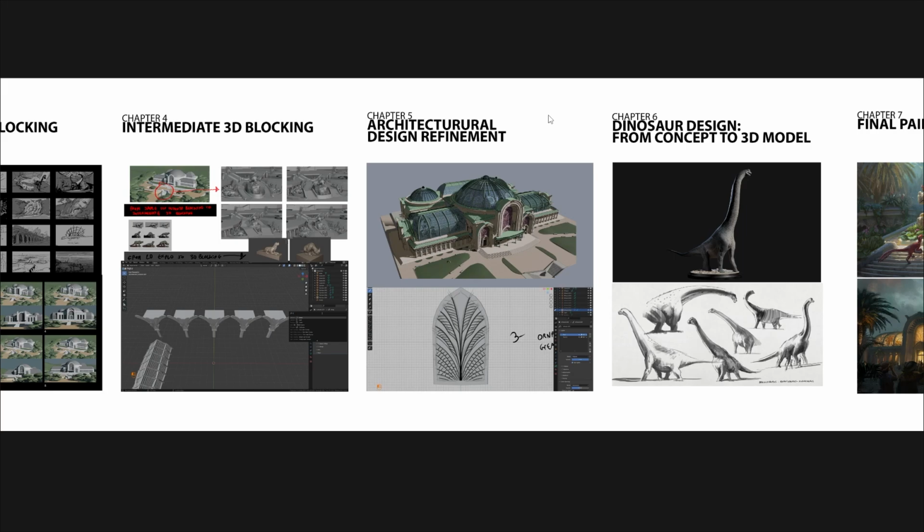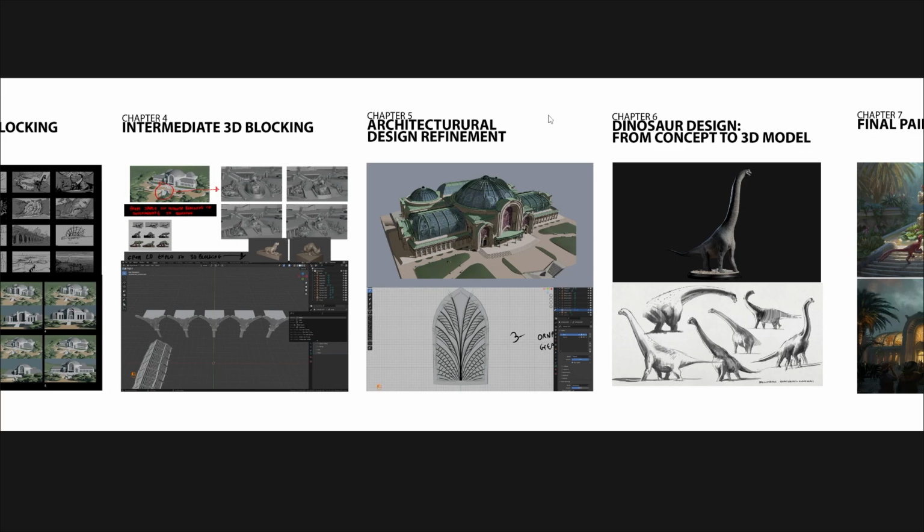In chapter 5, Architectural Design Refinement, I will show you how to push your 3D scene even further, and we will be focusing on architectural design. I will show you my workflow and how I go back and forth between 2D and 3D, meaning how I give myself notes on top of my 3D to have a better idea of what to design next in Blender.